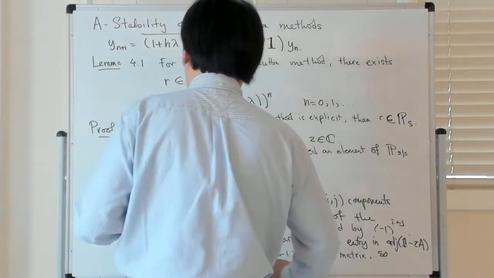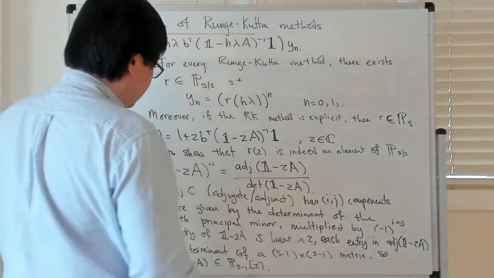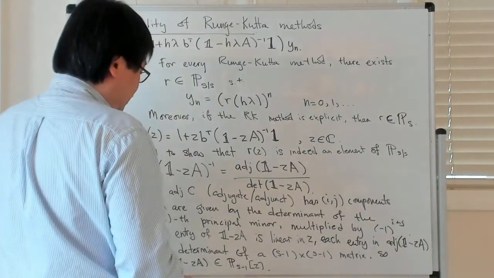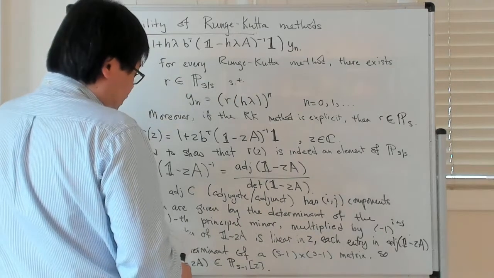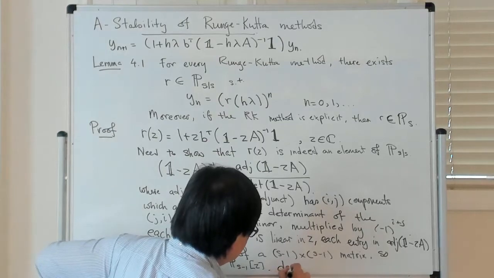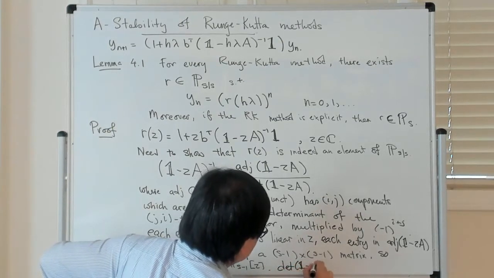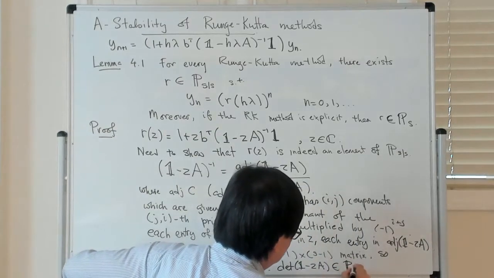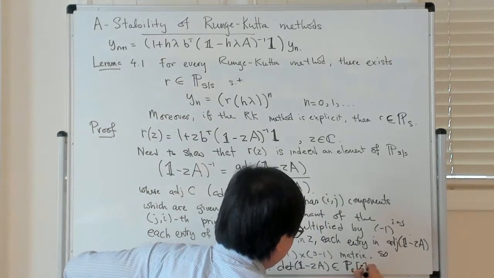And then we also know that the determinant of this is obviously in the polynomials of degree s in z. The determinant of identity minus zA is an element of the polynomials of degree s in z.